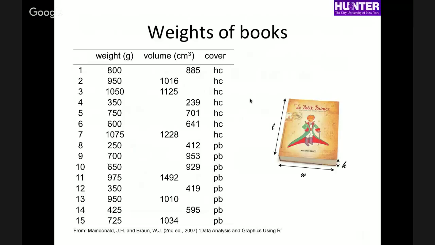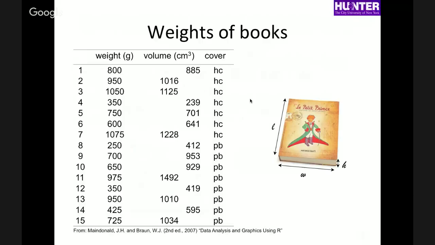This is a data set that is available in R that's just the weights of books, and it gives the weights of 15 books. And for each of them, it gives its height, its width, and whether it's a hardcover or a paperback book.